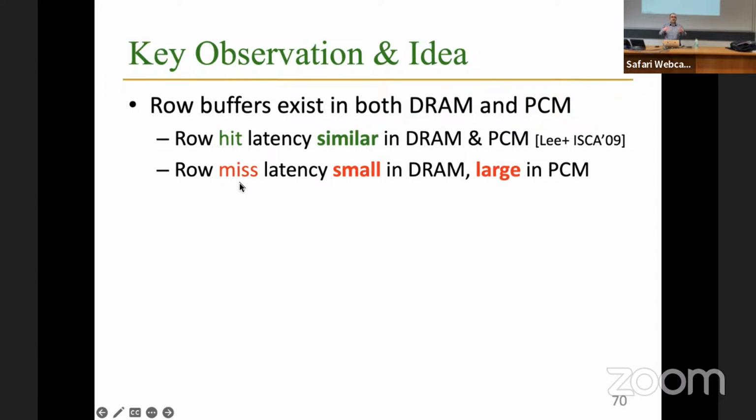While you have streaming accesses, you can benefit from your row buffer locality, so you can map them to DRAM or PCM, and both can work. But when you have random accesses, most likely you're going to have a lot of row conflicts, and that's why it's better to use a memory that has less miss latency.